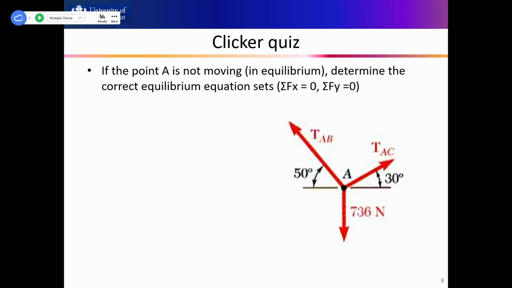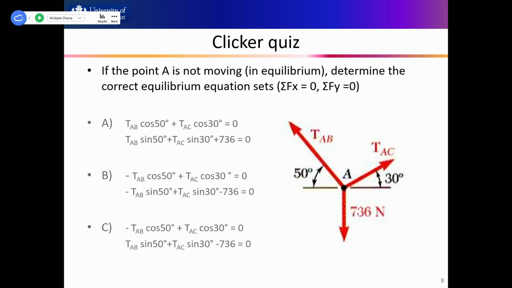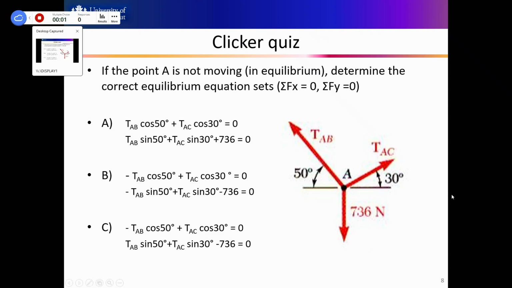So that's that. And let's try to set up the equilibrium equation using this drawing. If point A is not moving, that means it's in equilibrium. Determine the correct equilibrium equation set. So I show you these 3 sets here. And then discuss with your peers and find out the correct equation set.